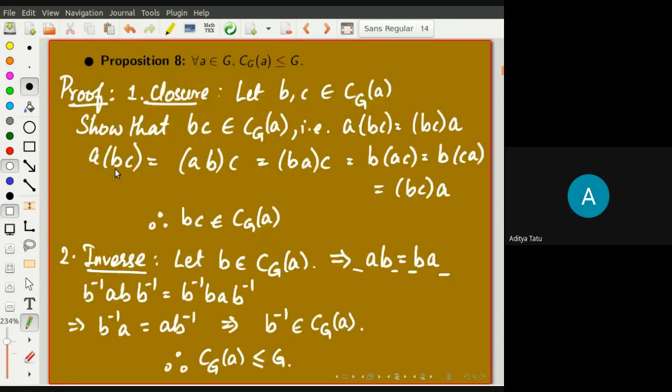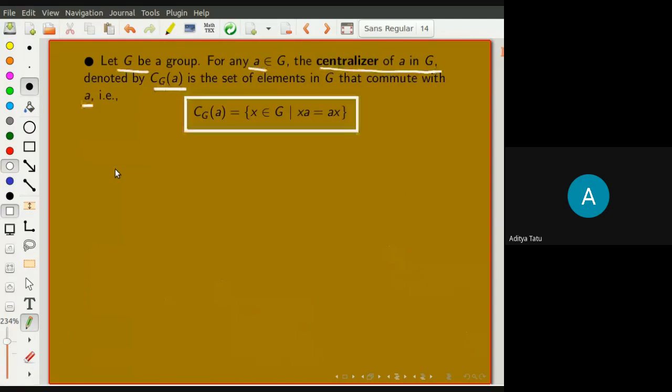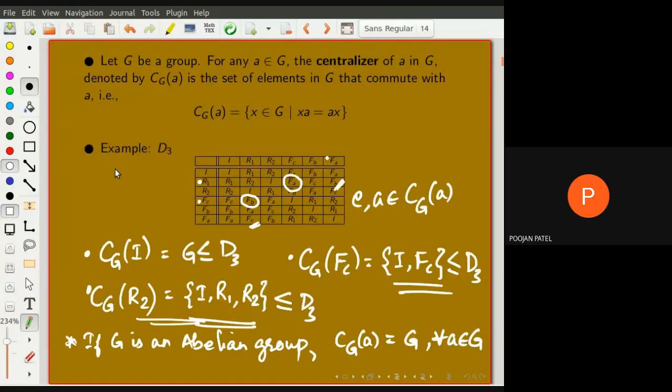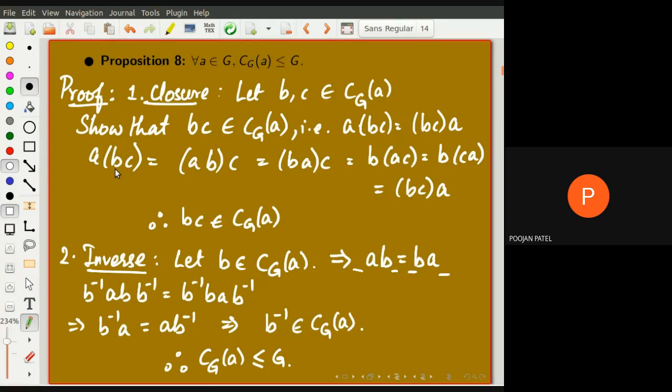Is it the same? No, proposition 8 says for all A belonging to G, it is C_G(A), right? So this set will change if A changes, isn't it?